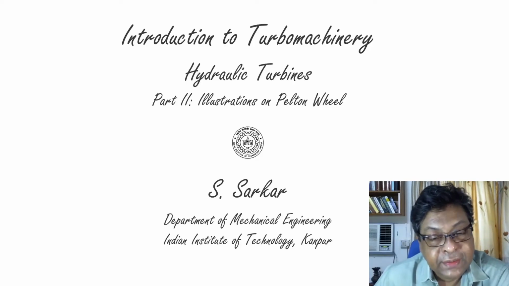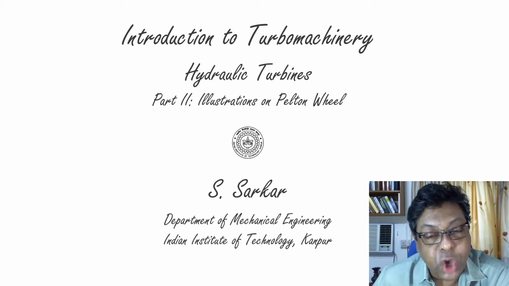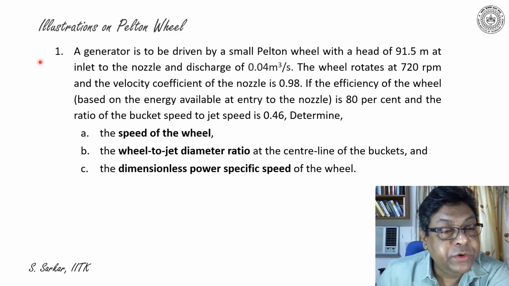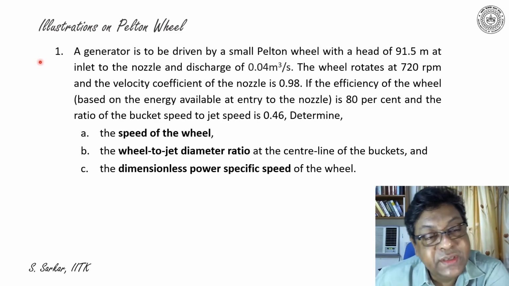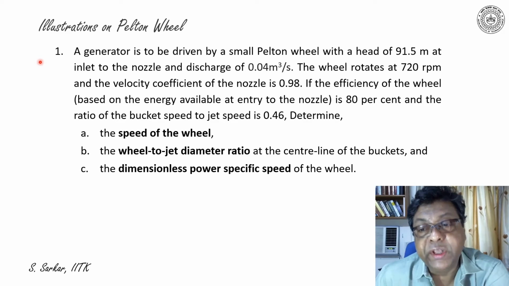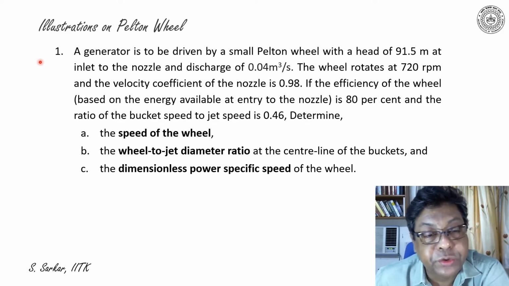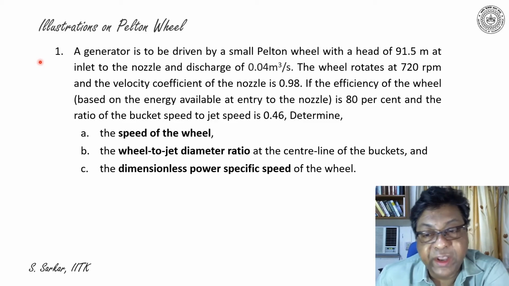Good morning. In this lecture, I'll solve some problems relating to the Pelton wheel. The statement of problem number 1 is: a generator is to be driven by a small Pelton wheel with a head of 91.5 meter at inlet to the nozzle and a discharge of 0.04 meter cube per second.